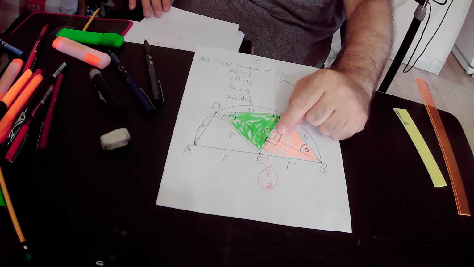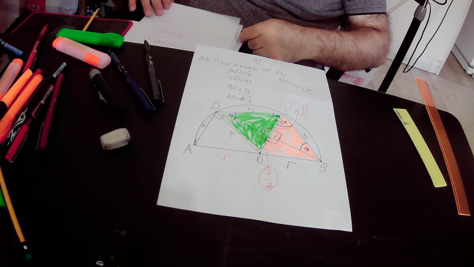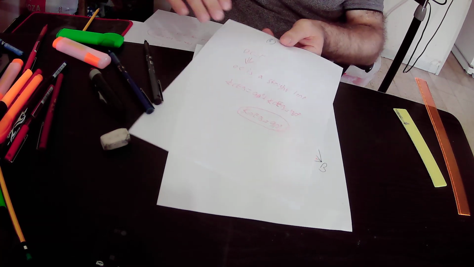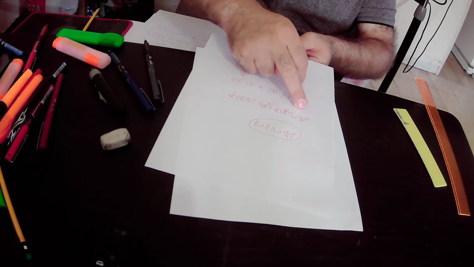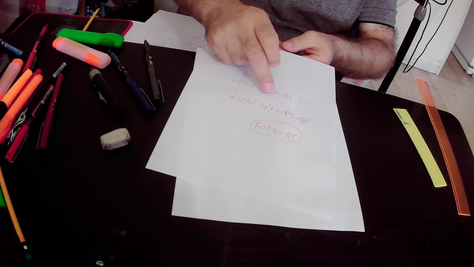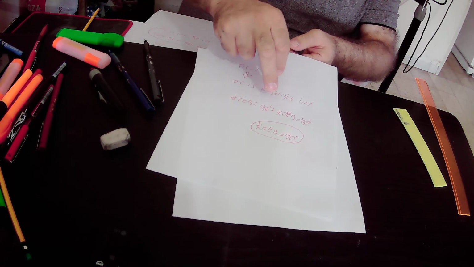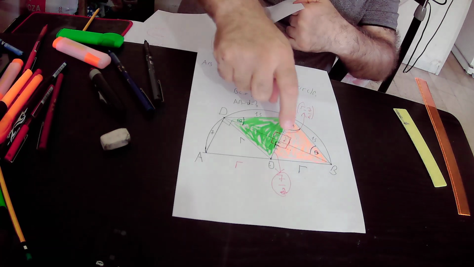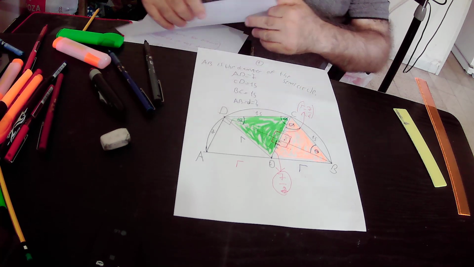Therefore, this 90 degrees plus this angle must be equal to 180 degrees. That is to say, 90 degrees plus angle OEB equals 180 degrees. We subtracted 90 degrees from this equality and found out that angle OEB equals 90 degrees.